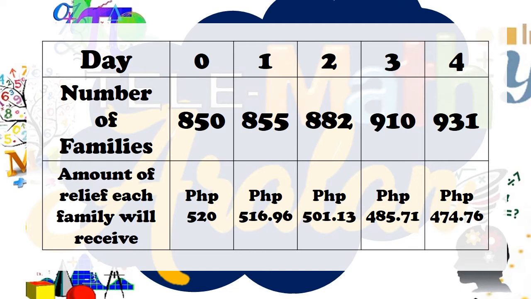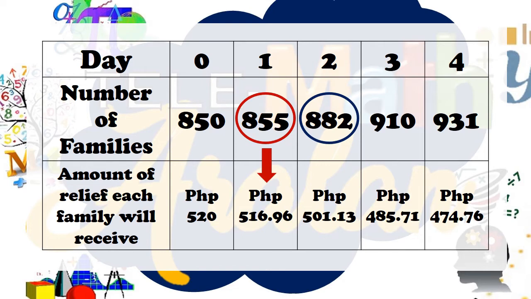After the first day of survey, it was determined that there are 855 families living in the barangay. Then the amount of relief each family will receive will be 516.96 pesos. After the second day, it was determined that there were 882 families living in the barangay.